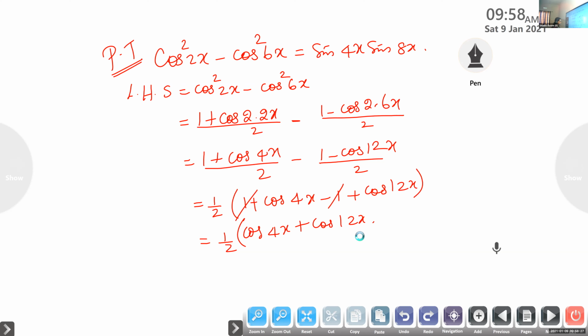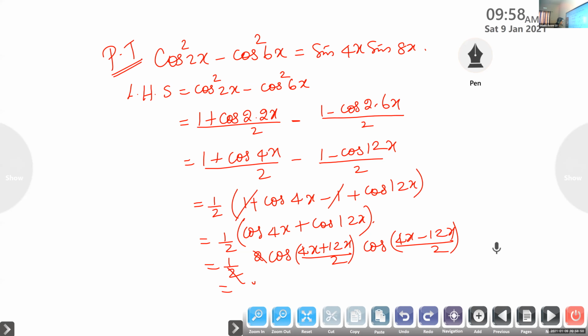Cos 4x plus cos 12x. Now again use the identity: what is cos a plus cos b? 2 cos a plus b by 2 into cos a minus b by 2. Here the 2 will get cancelled, leaving cos of 12 plus 4 by 2, which is 16 by 2, that is 8x, into cos of 4 minus 12 by 2, which is minus 4x.